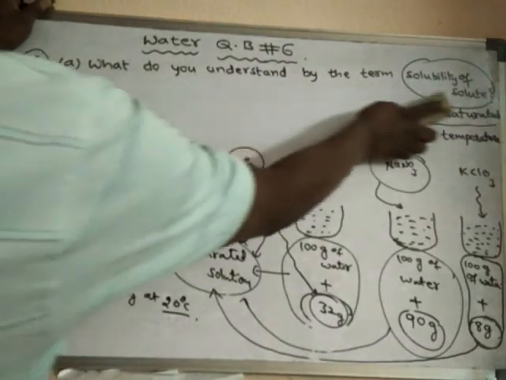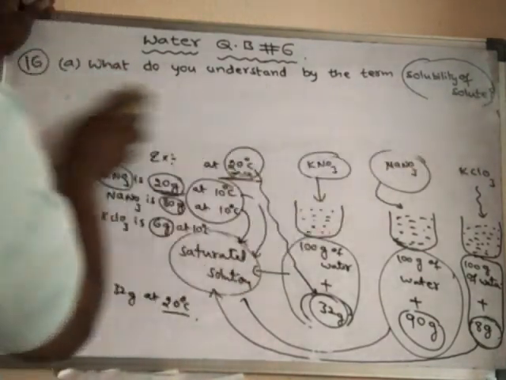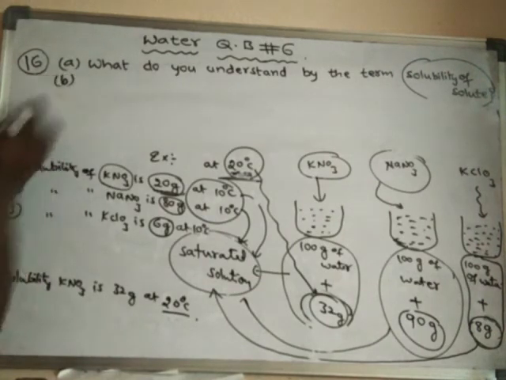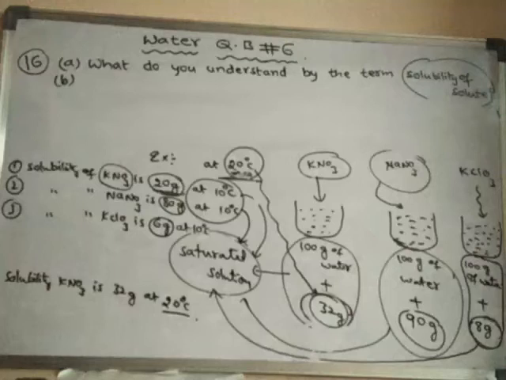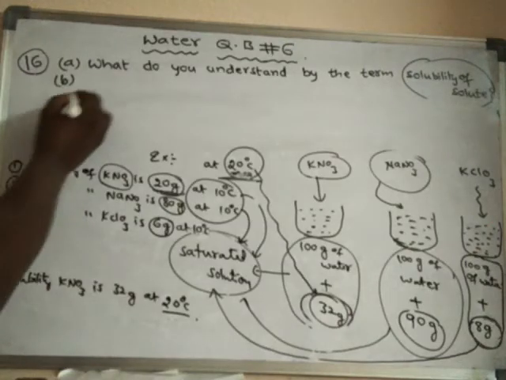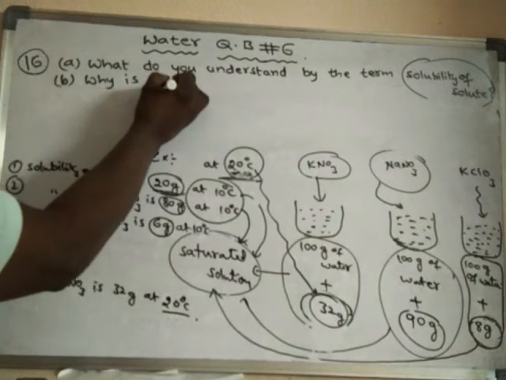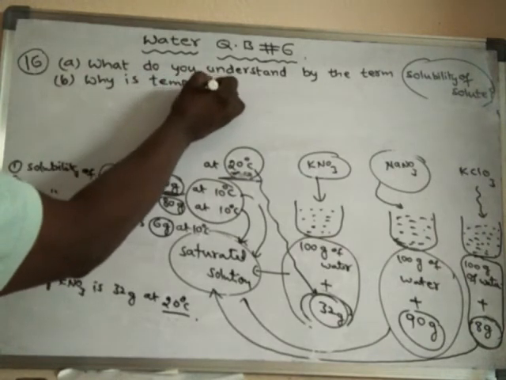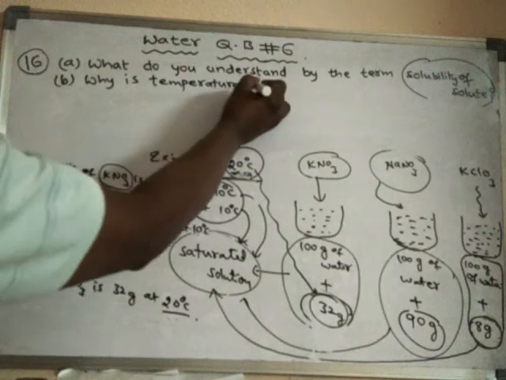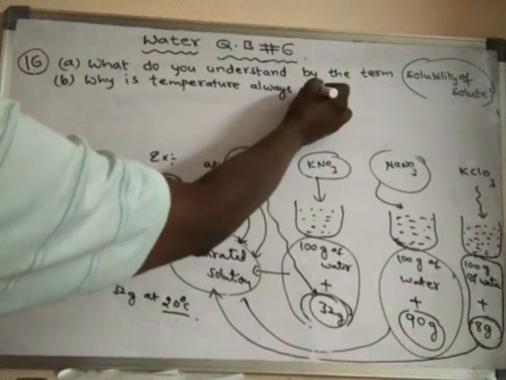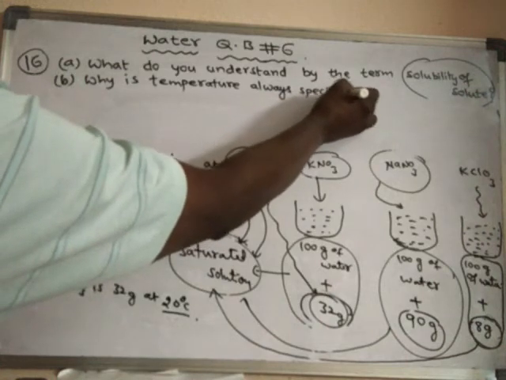What is the question B? Sub question B says that why is temperature always specified?